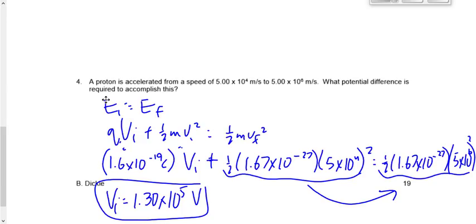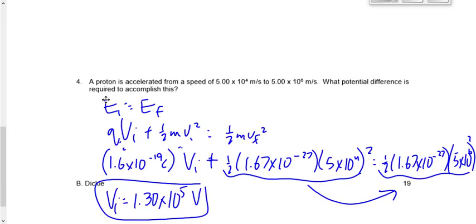Now, this probably doesn't bother you because it probably never even occurred to you. But the reality is, it doesn't actually say here, when it's 5.0 times 10 to the 6 at the end of it, that the potential is 0, right? We made the potential 0 there. That's okay.